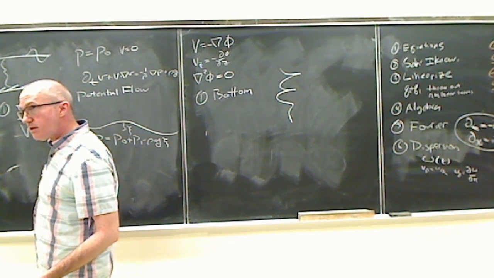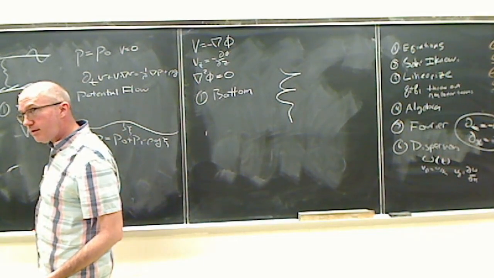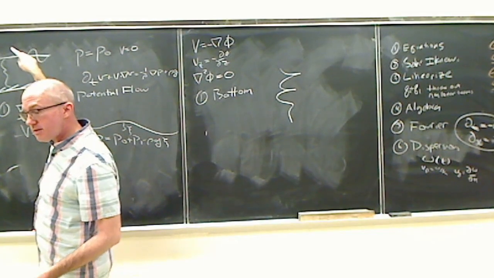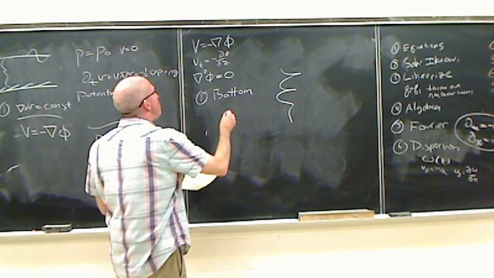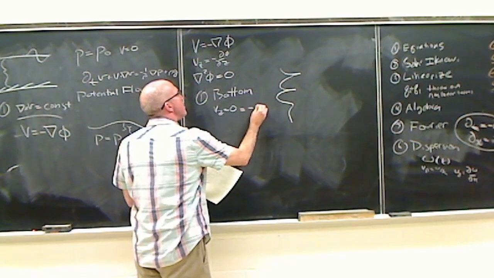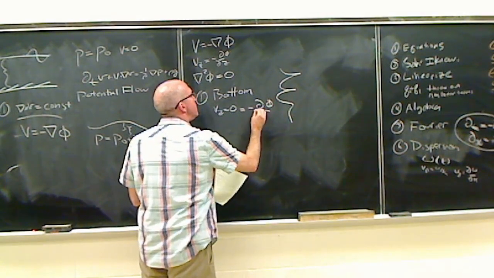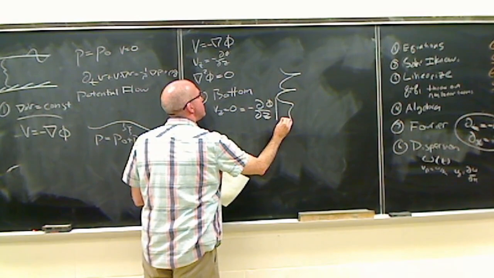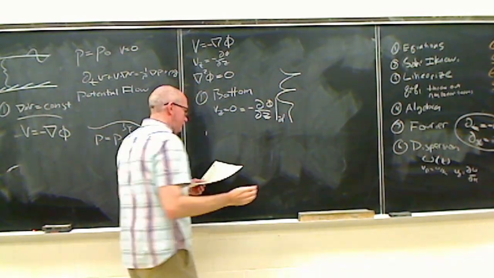Now that's 0 across the ocean just at the bottom, so immediately above it, it gets non-zero. So at the bottom, Vz equals 0, which we're going to say is minus d phi dz, evaluated at minus d.